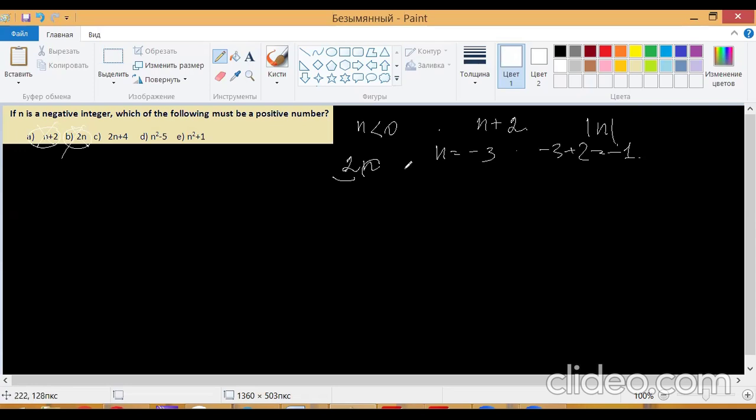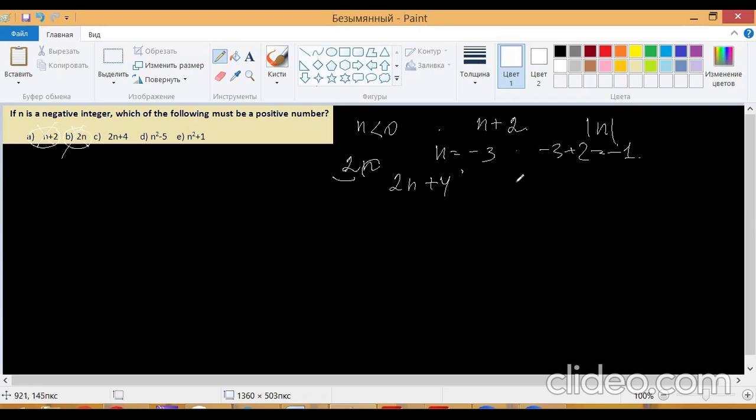Now let's take a look at 2 times n plus 4, the expression given in option C. For the same reason as I mentioned in the explanation related to option A, this cannot be chosen as the right answer. Why? Because n is negative, and it can be large enough to make the sum negative.